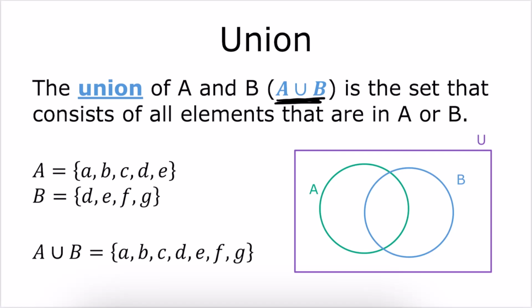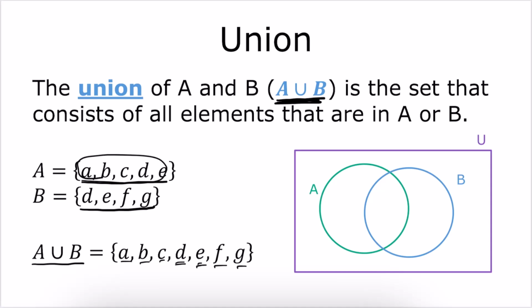And this set is going to consist of all of the elements that are in set A or in set B. So if we have set A equals the set containing A, B, C, D, E, and set B contains D, E, F, G, well, the set A union B is going to have an A, a B, a C, a D, and an E in it because it has to contain all of the elements from set A. And then it's going to have a D, an E, an F, and a G in it. And so this set is called A union B.